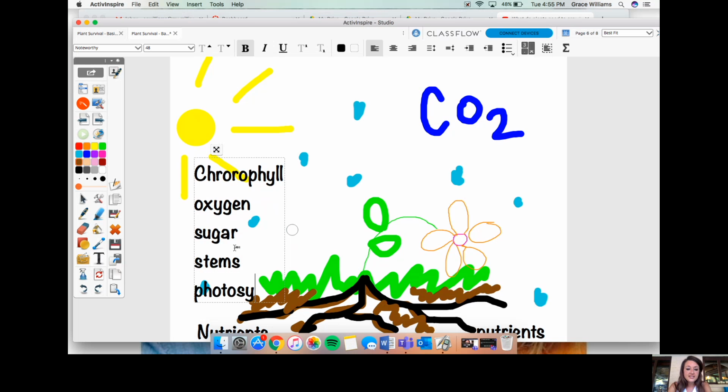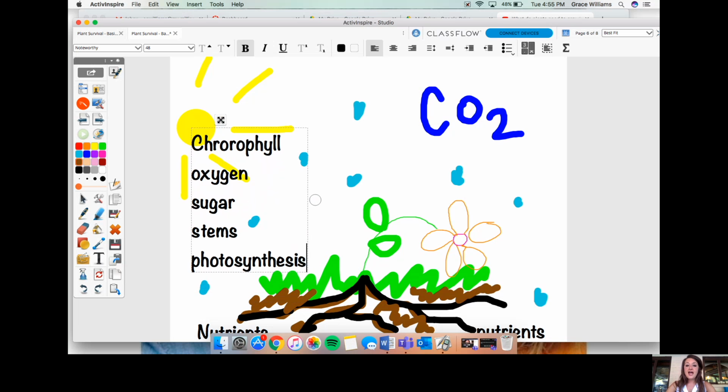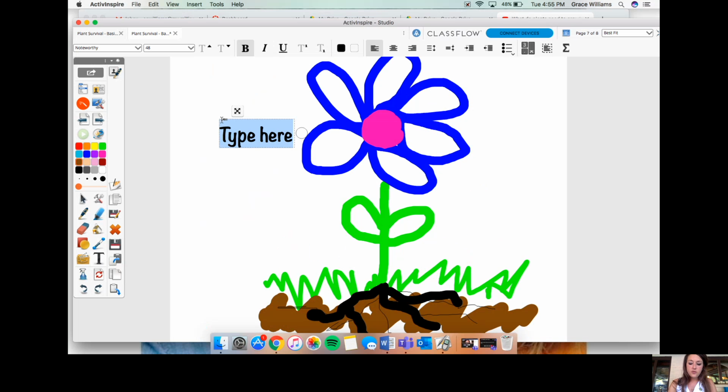But there are 4 basic needs that a plant has to have. It has to have these 4 certain things in order for it to do photosynthesis, which it needs to make food. So we had a lot of different needs, but there's 4 that if it has these 4 things, then it can do photosynthesis, which is how it makes food.